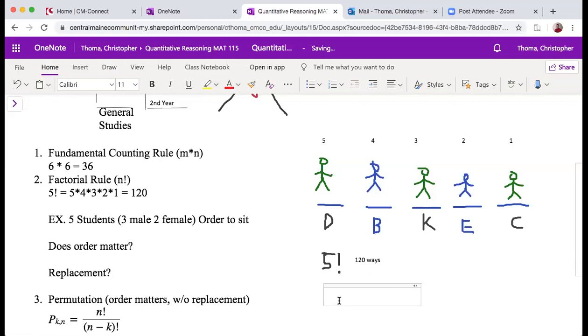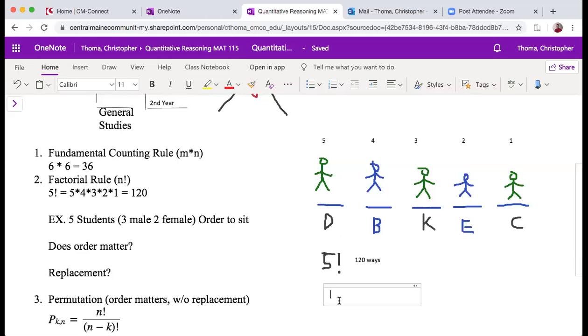All right, so now let's do my example here. How many different ways can we alternate between male and female? So I purposely made the males green and the females blue in this case. So how many different ways can we switch seats but separated by green and blue stick figures here?